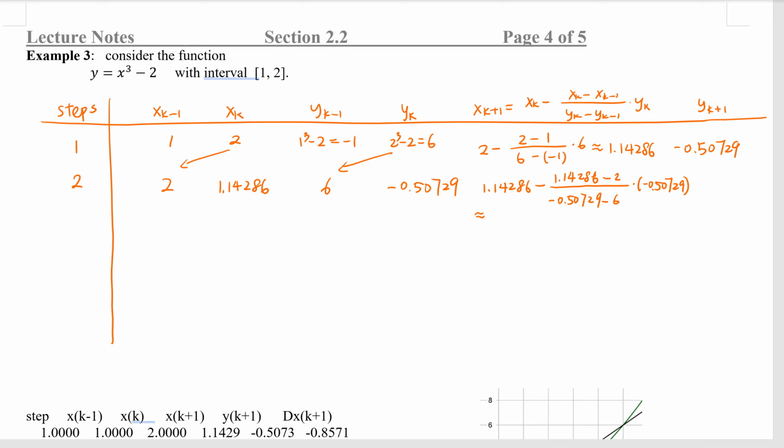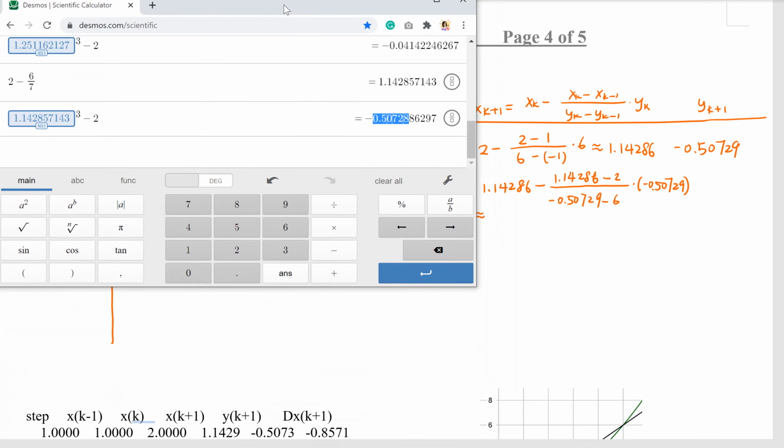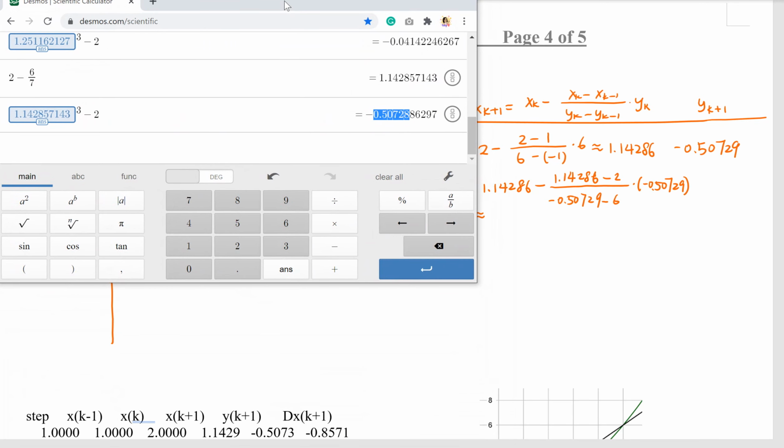And what is that? Now let's plug it into our calculator. Where should I put it? Let me put it here.